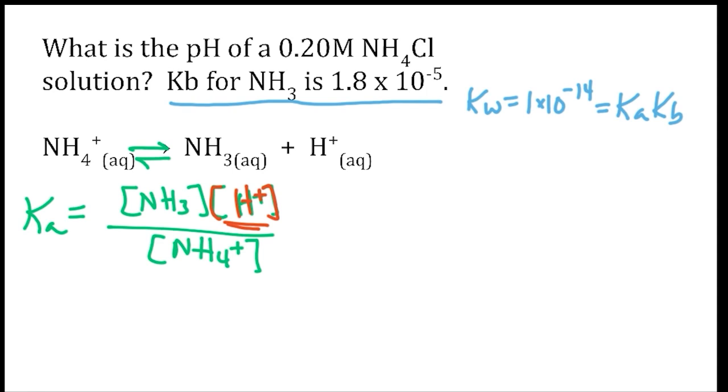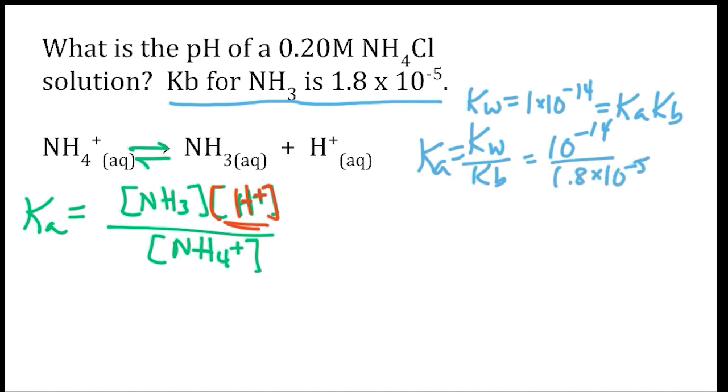So if I want to find the Ka for a conjugate acid, maybe you don't find the Ka in a table, but you can find a Kb for the conjugate base. Well, it's kind of simple. The Ka here is the Kw divided by the Kb. So 10 to the minus 14th divided by 1.8 times 10 to the minus 5th is going to give me a Ka of 5.6 times 10 to the minus 10th.